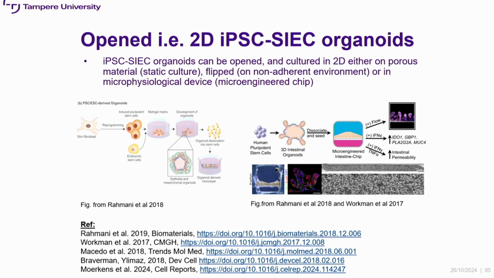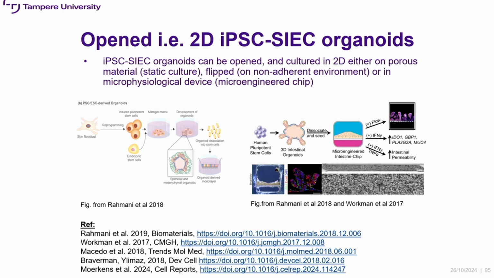And then there can be also a stretching of the culture model, which also induces them to form the crypt and villi structure. That has also been done in the latest paper of Sebo Wichhoff and Iris Jonker's group, in the Morkens and others, in reference below.